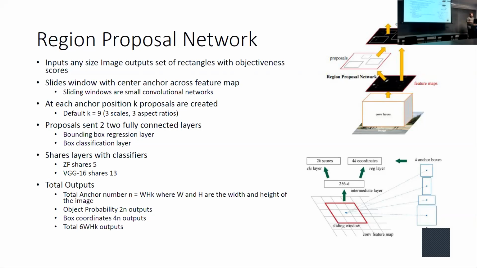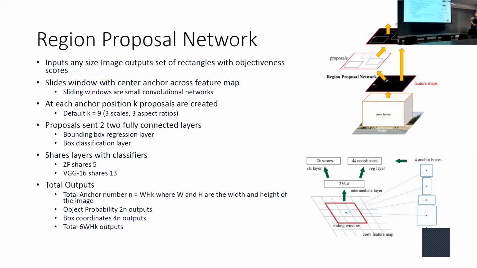It shares layers with different classifiers: for ZF it shares the first 5 layers, and for VGG16 it shares the first 13 layers. And then, as you can see, it goes from the first shared conv layers to the feature map. RCNN takes that feature map and creates proposals. The proposal set gets sent out to the rest of the network. That was cut in half here, and from there you just get whether or not it's an object, and they figure out what it is over there.